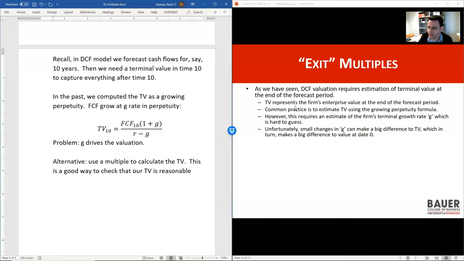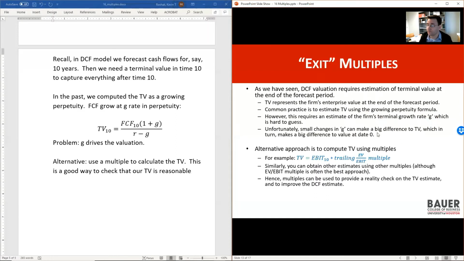This is all summarized in the slides here. The terminal value is picking up the enterprise value at the end of the forecast. We've used the growing perpetuity in the past, but we know that has this flaw where we need to take a stand on the terminal growth rate, and that terminal growth rate is very, very important to the valuation. It has a big difference all the way back to time 0. So an alternative is to use the EV over EBIT multiple.